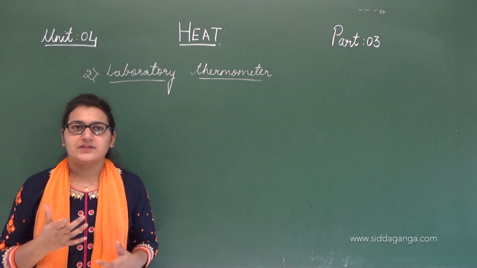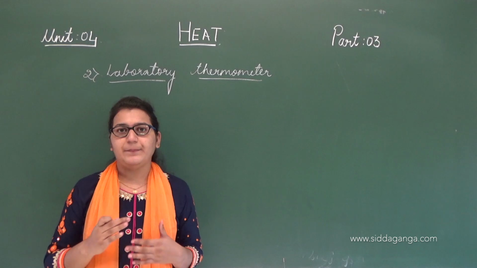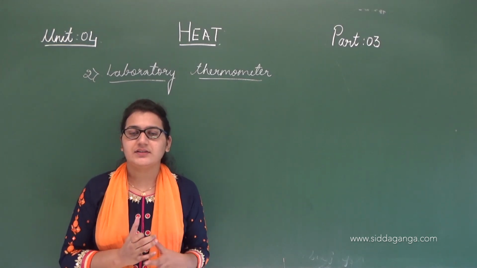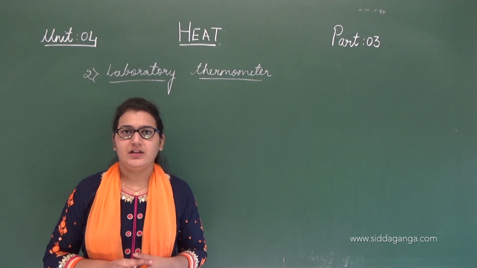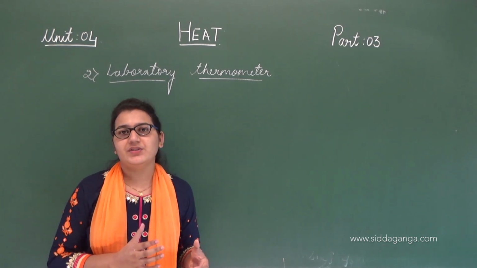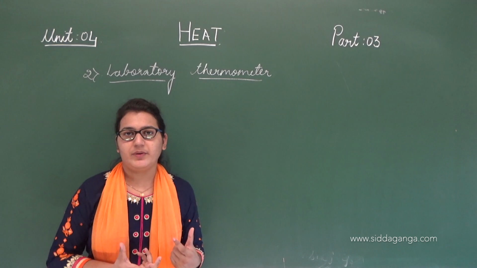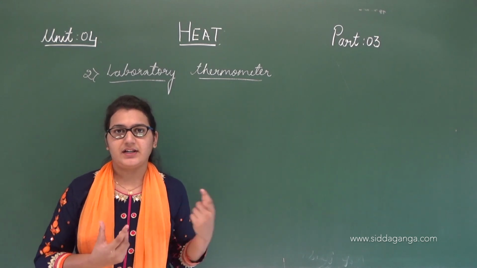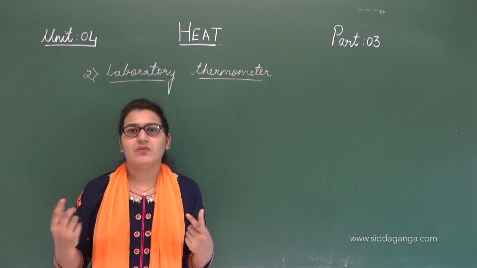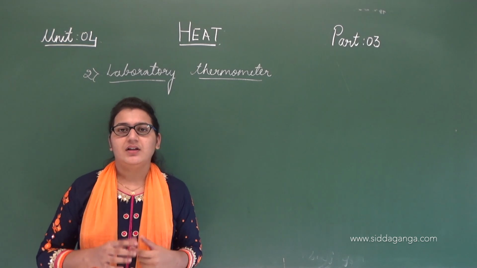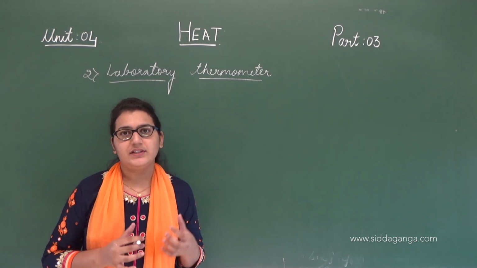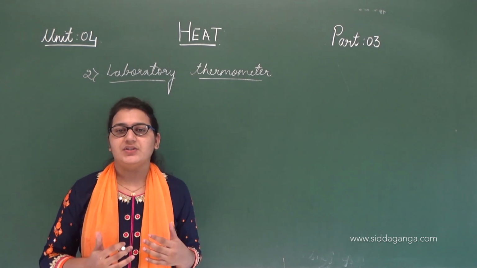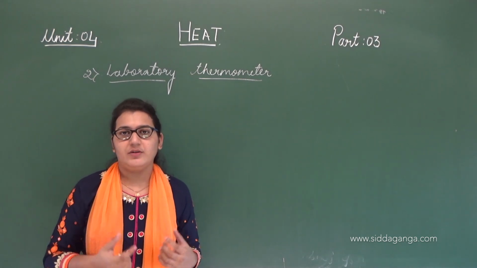As we have seen, the temperature range of the clinical thermometer is 35 to 42 degrees Celsius, so the minimum temperature it can read is 35. What happens when this clinical thermometer is used to measure, for example, the boiling point of water?